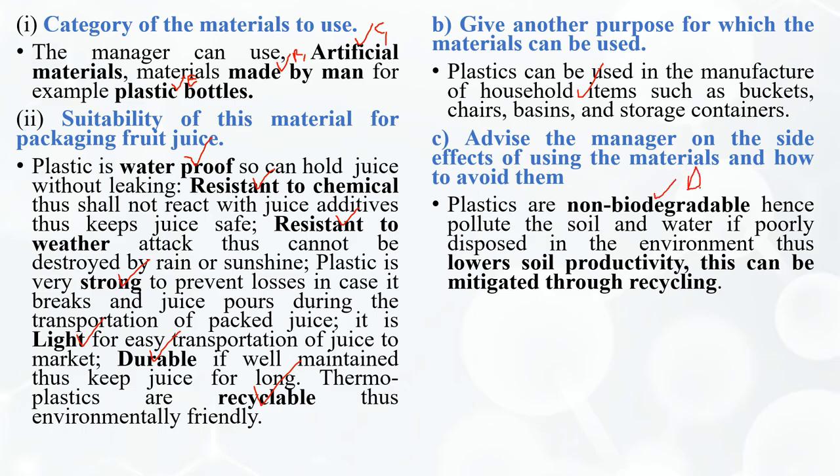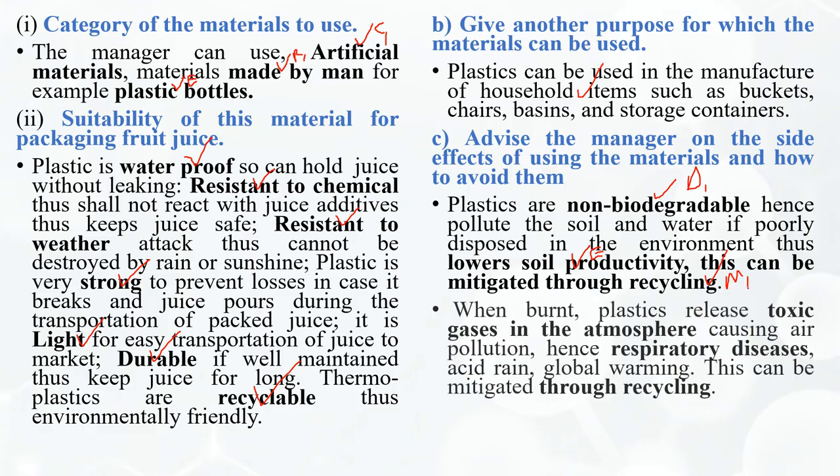They are non-biodegradable, hence pollute the soil and water if poorly disposed in the environment, thus lowers soil productivity. I think this is the effect. This can be mitigated through recycling, and that is mitigation. That is a very good and marvelous point.